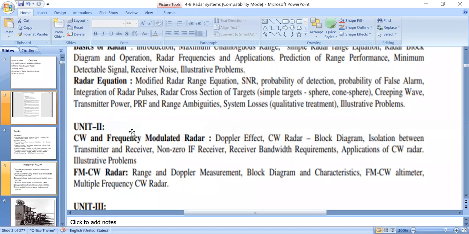Whereas both unmodulated continuous wave radar and frequency modulated continuous wave radar are used to detect non-stationary targets, that is, moving targets, right?